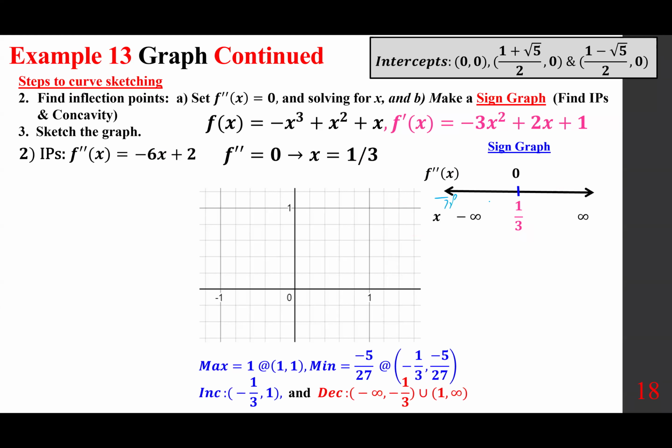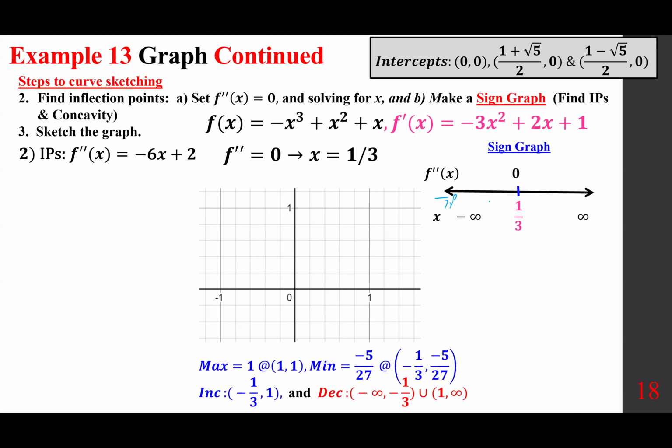So this is 1 over 27. This makes it negative. This is 1 over 9. This is 1 over 3. And again, 27 is a common denominator. So if this is 27, then this is 3. If this is 27, then this is 9.